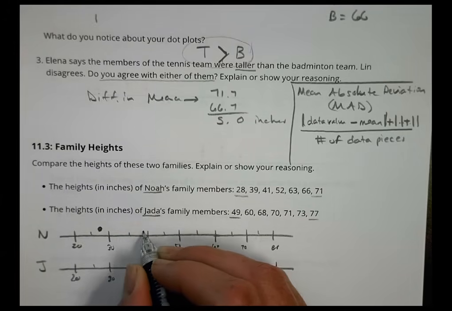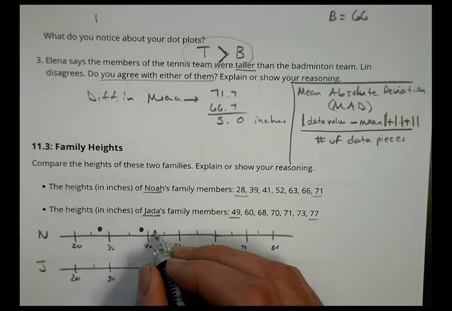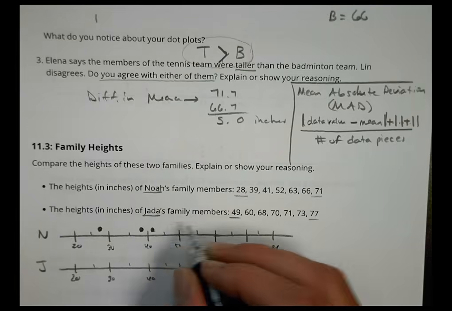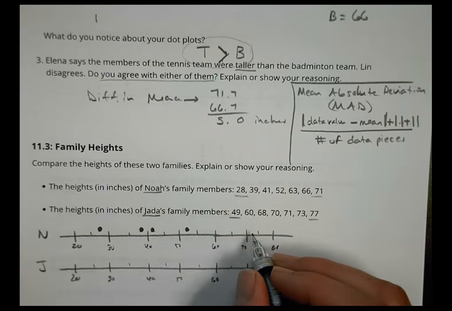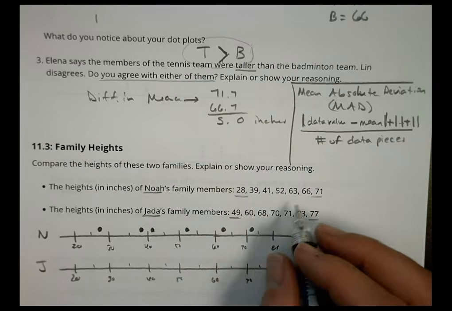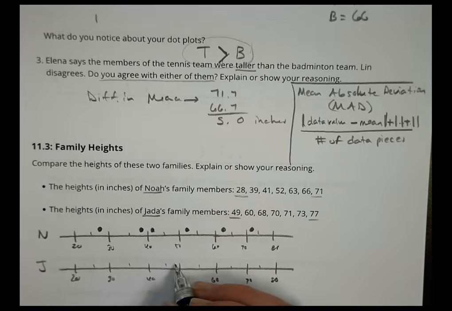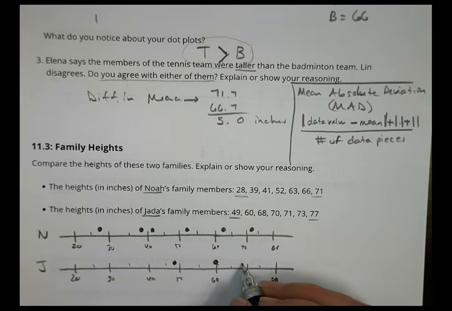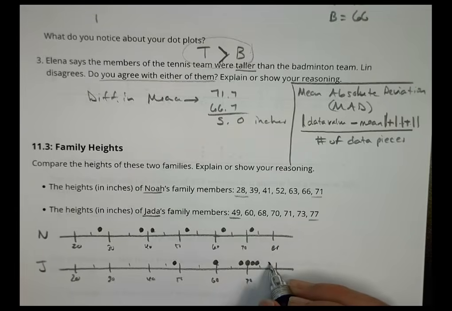We have a 39. We have a 41, which is here. We have a 52, a 63, and a 71. And we also have, for Jada's family, a 49. We have a 60. We have a 68, a 70, a 71, a 73, and a 77.